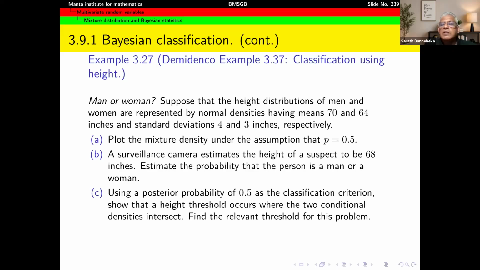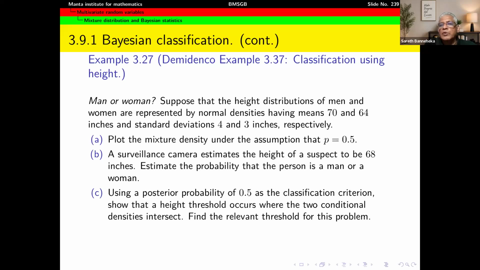In addition to that, suppose we know the proportions. In this example, we are assuming that in the population, the proportions of men and women are equal. Therefore, P is equal to 0.5, right? But you can use whatever information you have.